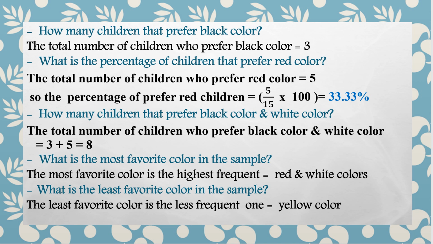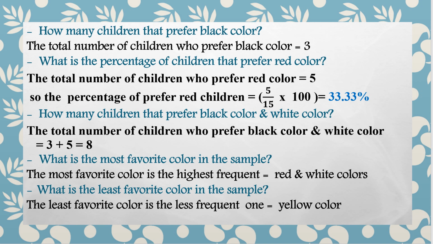In order to get the percentage, we divide the frequency of the red color class, which equals 5, by the total frequencies, which equals 15. So 5 over 15 times 100 gives a percentage of 33.33%.